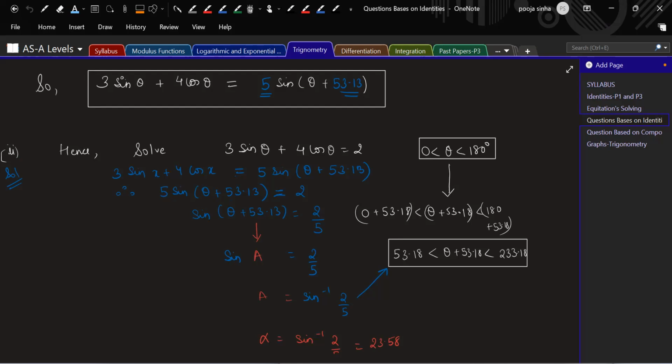After that I will tell you the steps that you have to show. I didn't get to the final answer. No, I got 23.58 by doing sine inverse 2/5. Don't look at my steps. You just do yours, then I will explain what these steps are and how you have to show them. And then I left theta plus 53.13 on one side. Okay. So now what do I do?